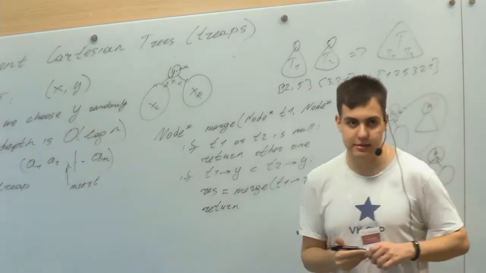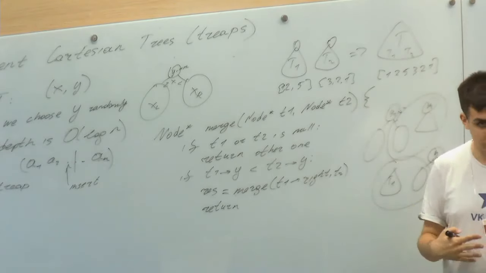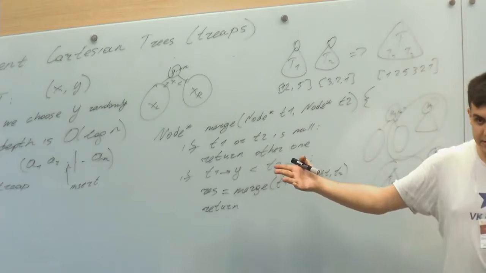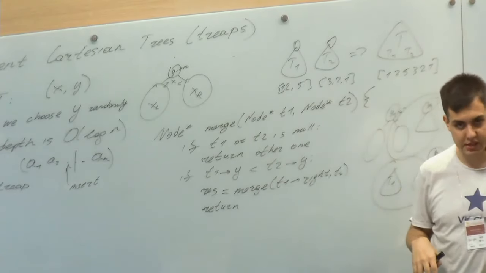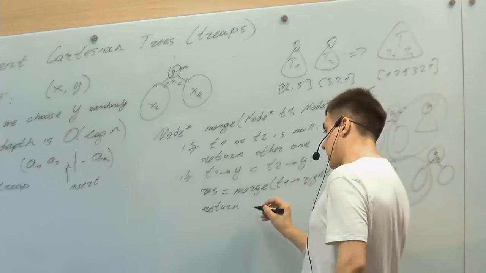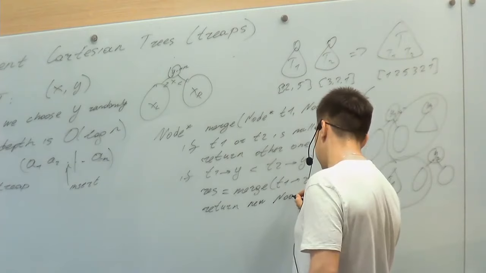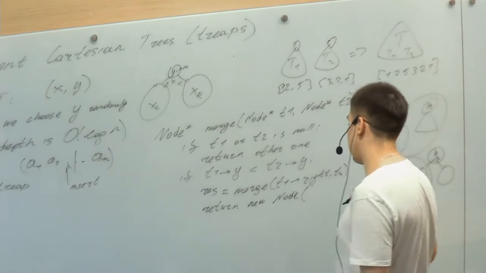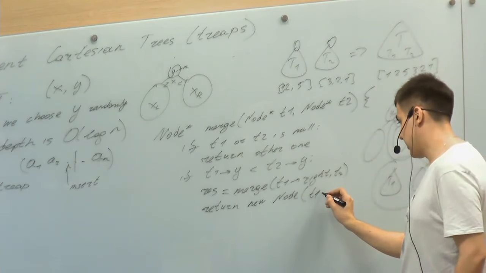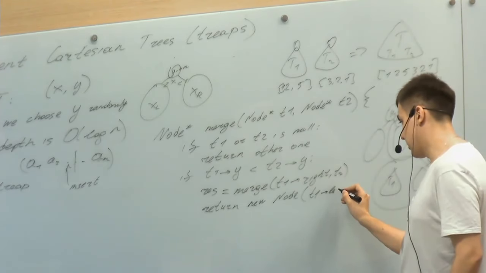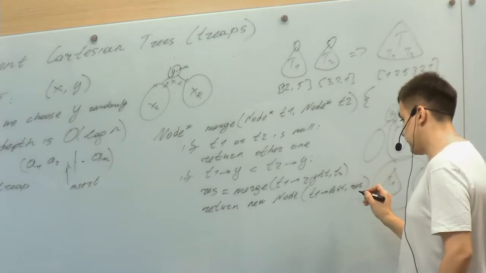As usual in persistent data structure operations, especially on trees, I want to return the new node that was created by all of the operations that I have. So return a new node where the left child is T1 left, and the right child is this result.